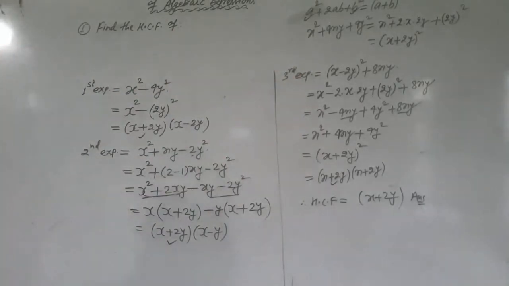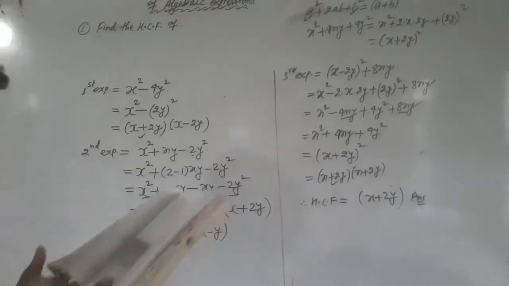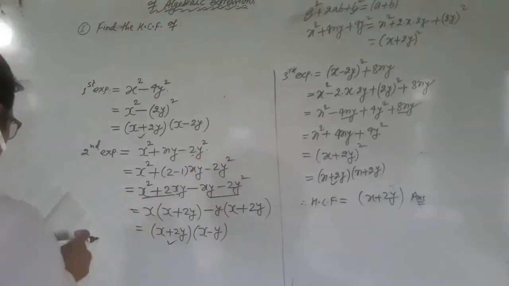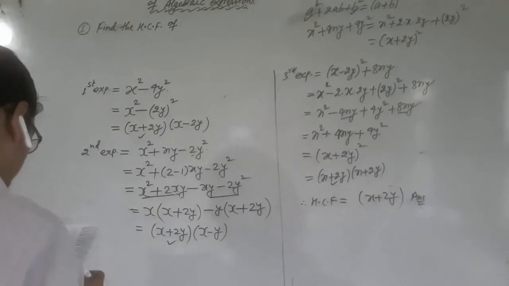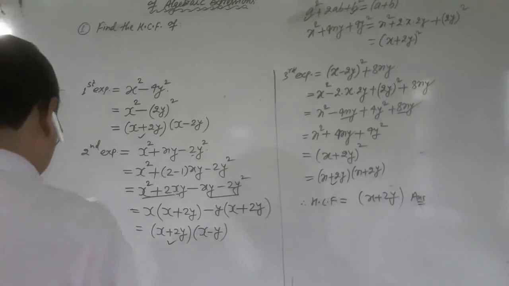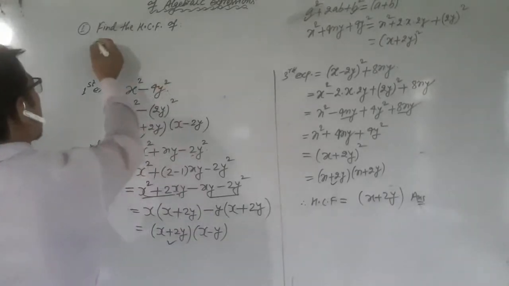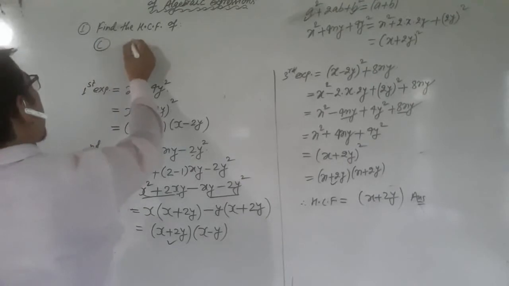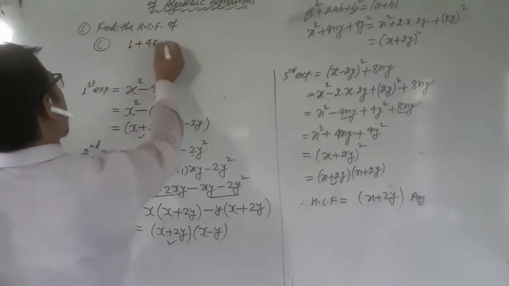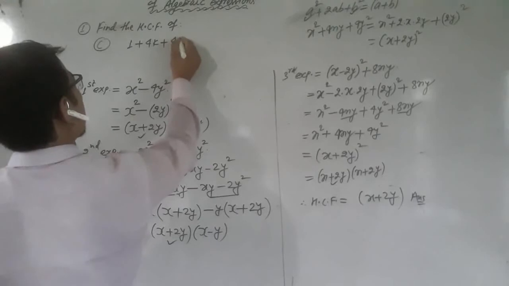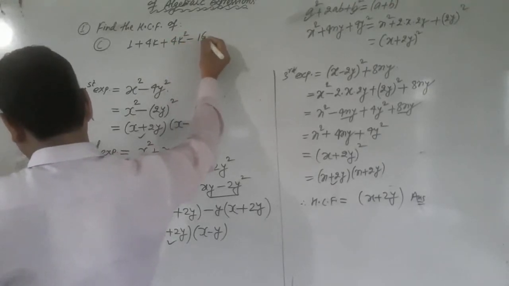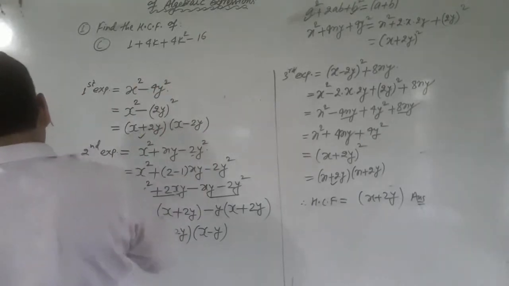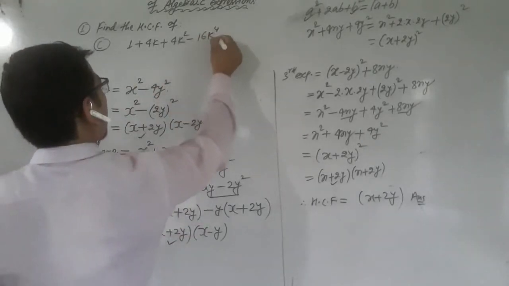Look at it. I do another question here. The first expression is 1 plus 4k plus 4k square minus 16k to the power 4, comma.